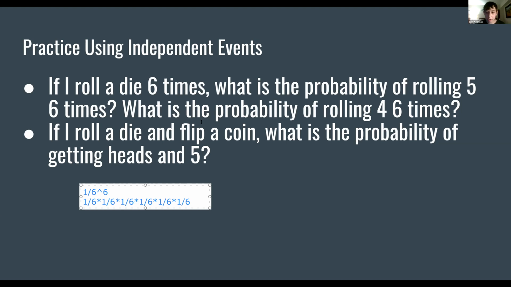Each die roll is independent of the last die roll. So we can multiply the probability of getting a 5 each time. So the first time it's 1/6, the second time it's 1/6, third time it's 1/6, and so on. And that is going to equal 1 over 46,656.